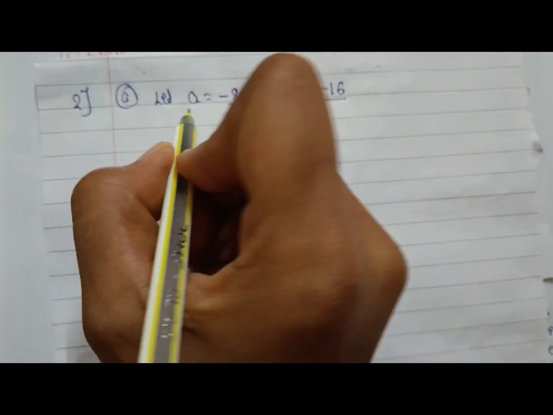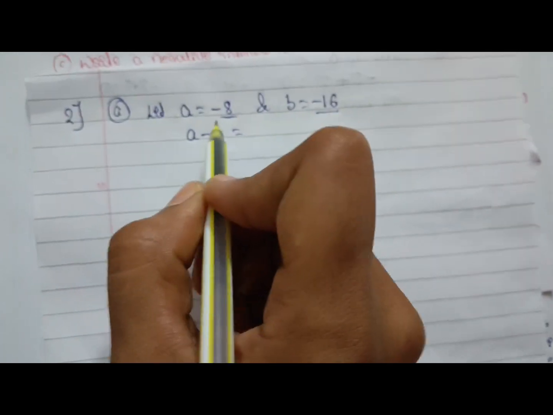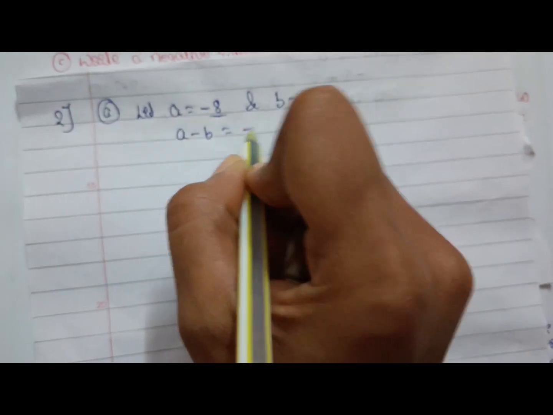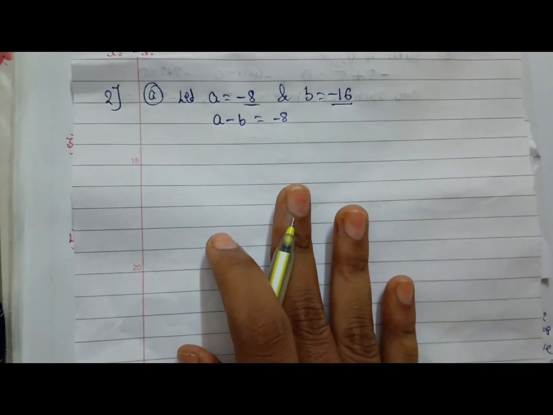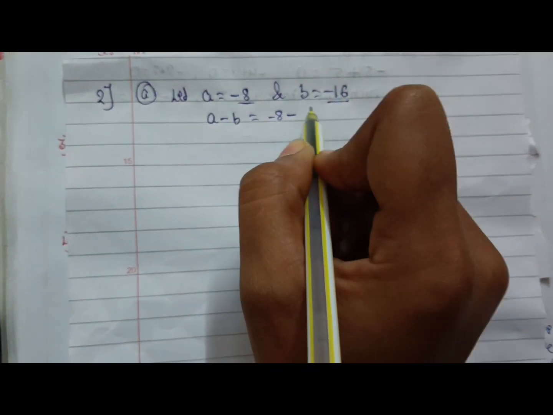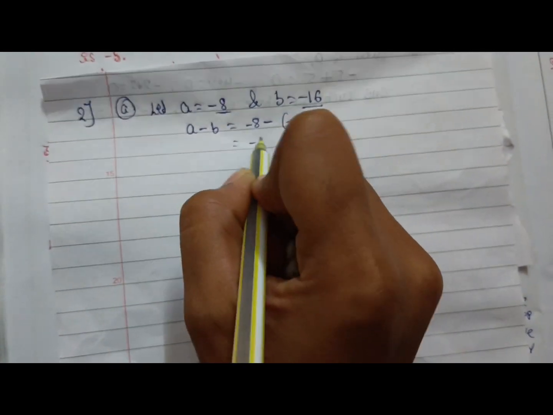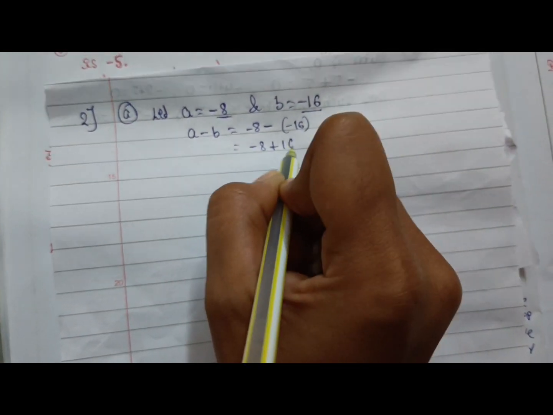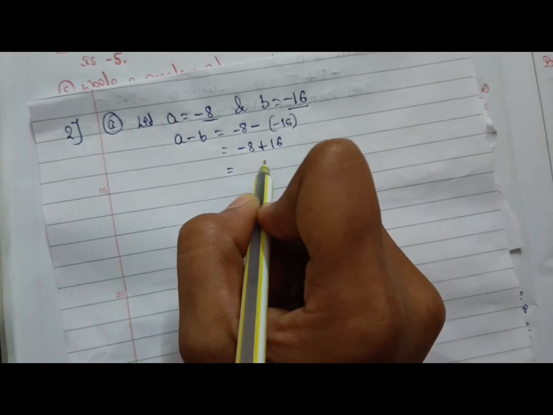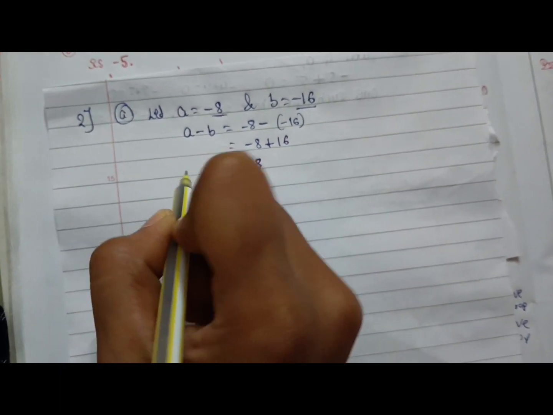Let's solve. A minus b is equal to, a means minus 8, minus b means minus 16. That is equal to minus 8 minus into minus 16, which is minus 8 plus 16. The answer is 8. Plus 16 minus 8 is 8.